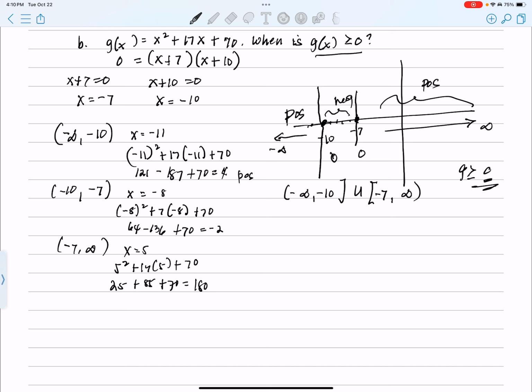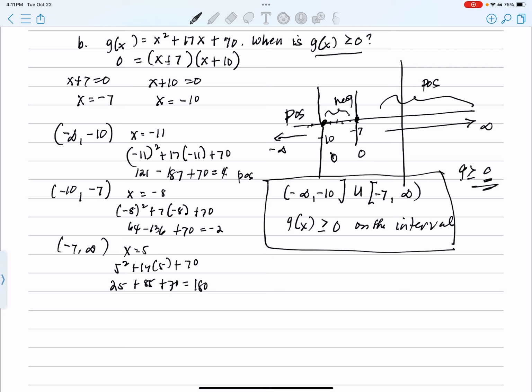That is where g of x is greater than or equal to 0: on the intervals negative infinity to negative 10, and negative 7 to positive infinity. So this gives the answer.